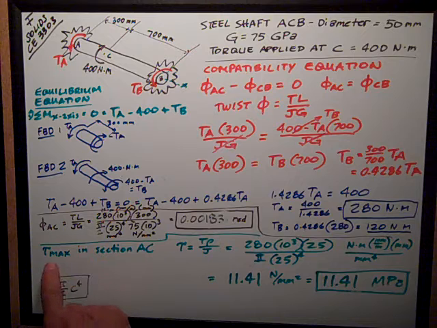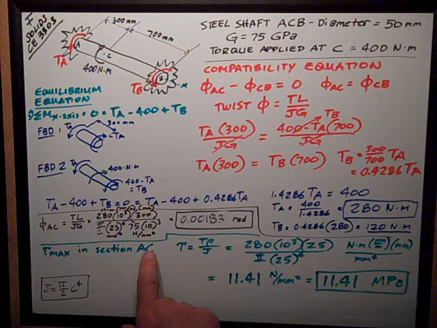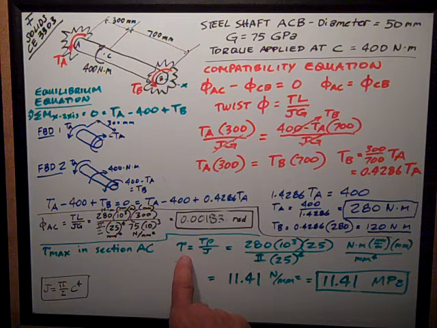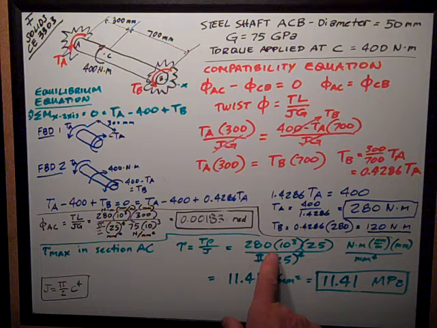I'm almost done. I want to know the maximum shear stress due to the torsion in section AC. So that's the simple formula. Tau is equal to T rho over J. My torque is 280 Newton meters times 10 to the third puts it in Newton millimeters.